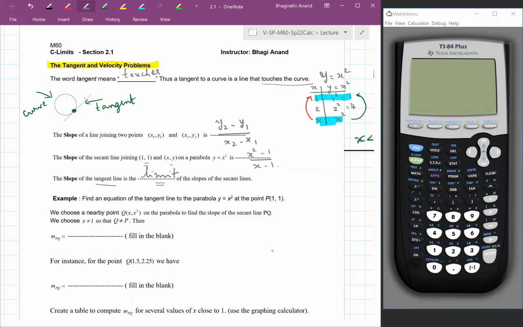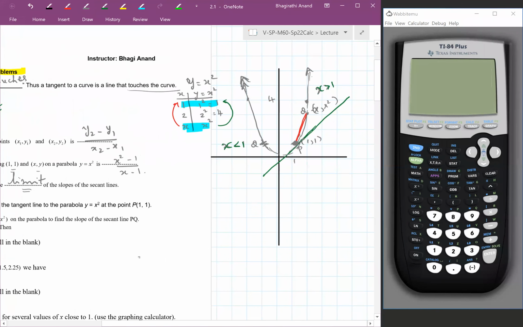Similarly, we take many points on the left side of the point where the tangent is needed, and then we find the slope of the secant lines. Then wherever the slopes of the secant lines approach, which is the limit, that becomes the slope of the tangent line.